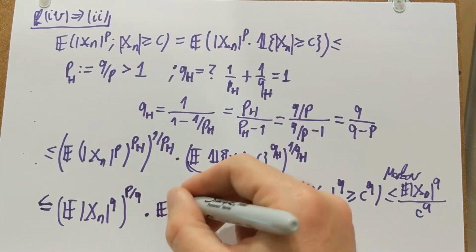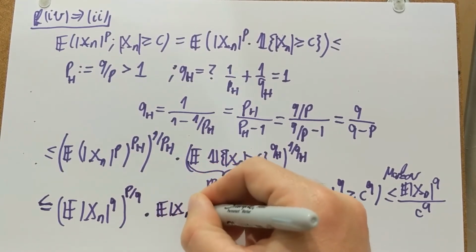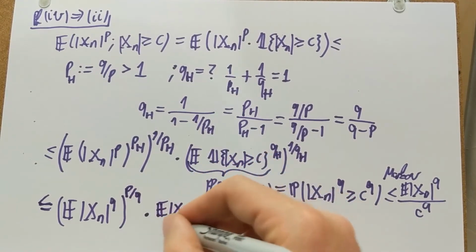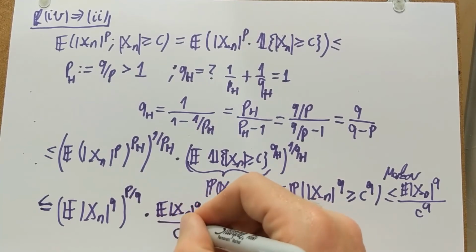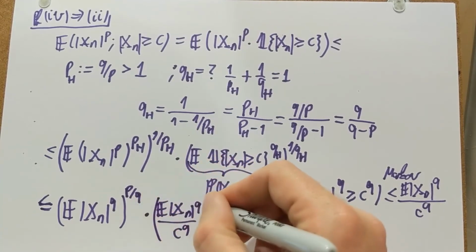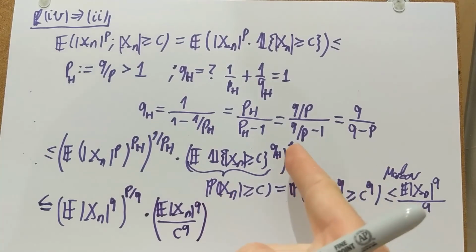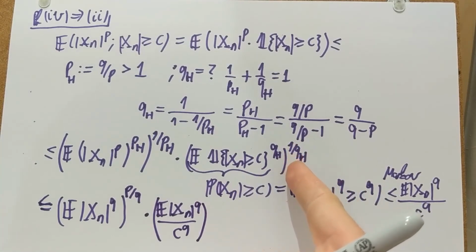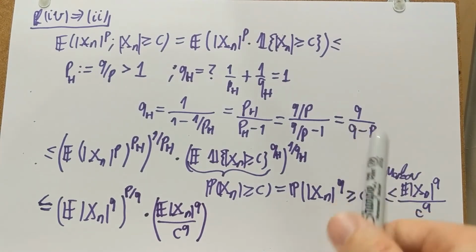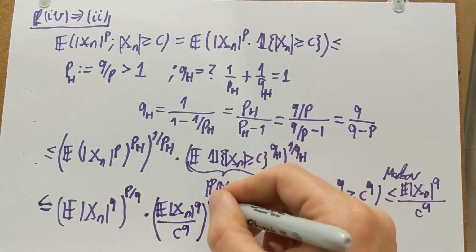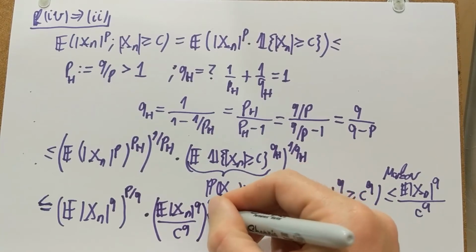So I'm going to put that in. Expectation of xn to the q, this q power is inside the expectation, over c to the q. All of that is raised to the 1 over qh power. So what's that? That's q minus p over q.